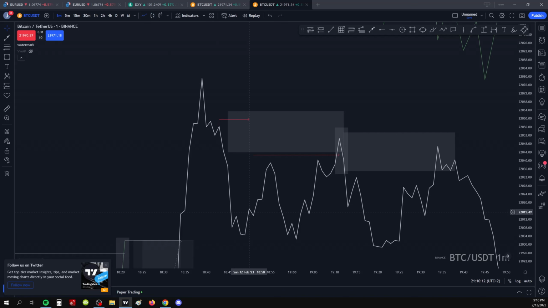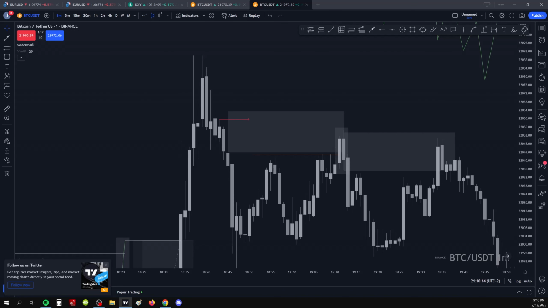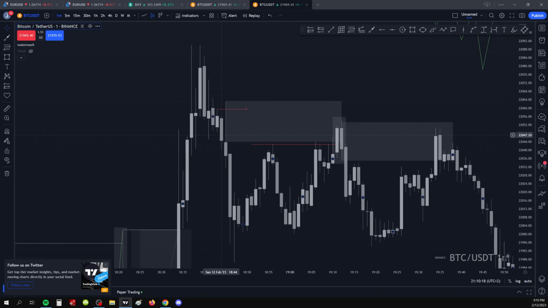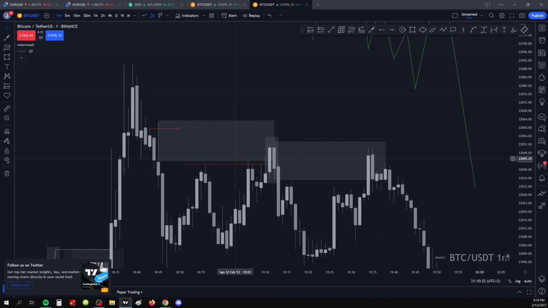You can't see it on the line chart, but you can see it on the regular chart. So this candle engulfed this candle and this candle, both of them. So we were moving down, and then suddenly this candle took out this high and moved down.